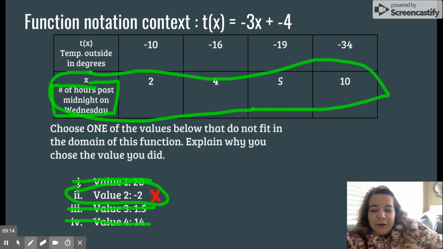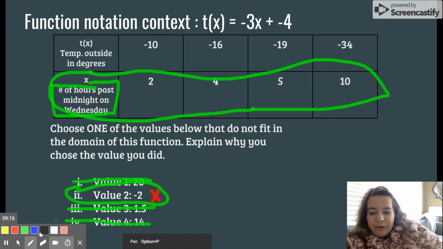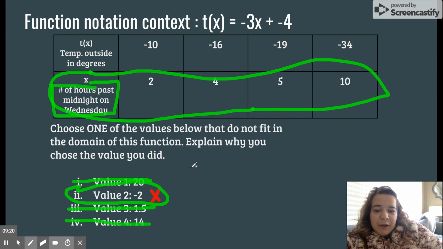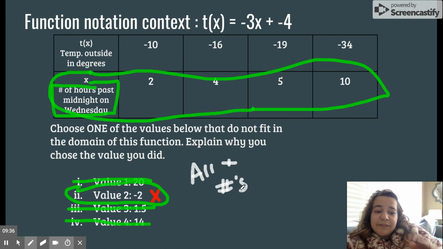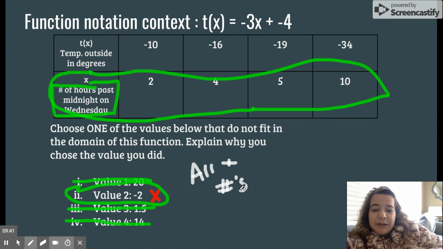So if it says what is the domain of this function, I would say all positive numbers. And the reason I chose that for this one is because it makes sense to have decimals. It makes sense to have positive numbers. It only didn't make sense to have negative numbers.